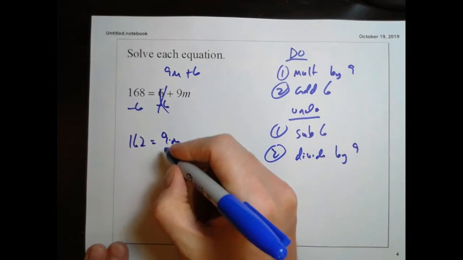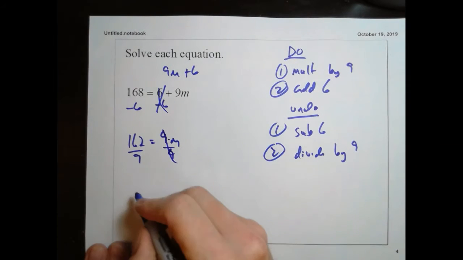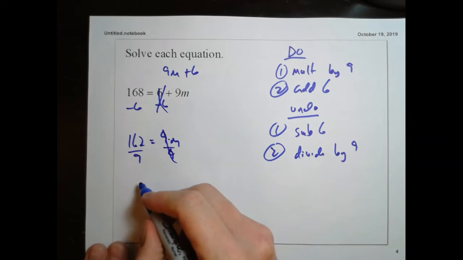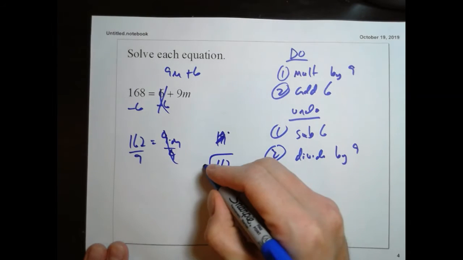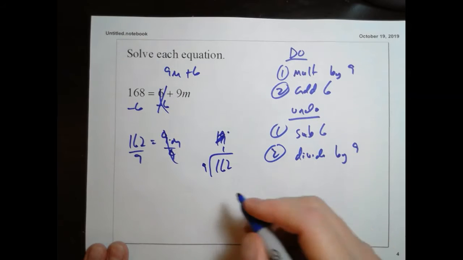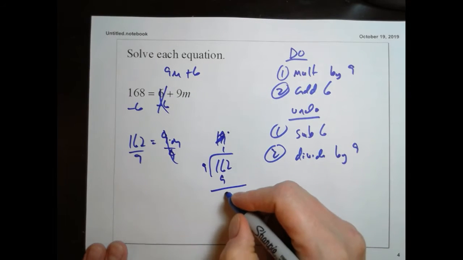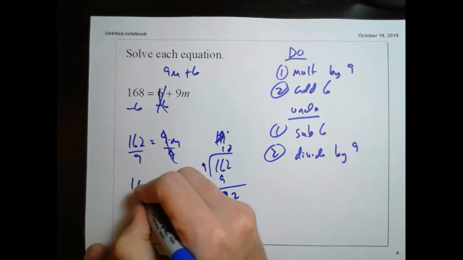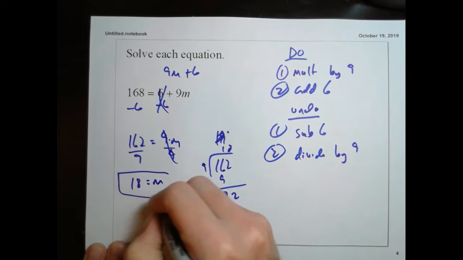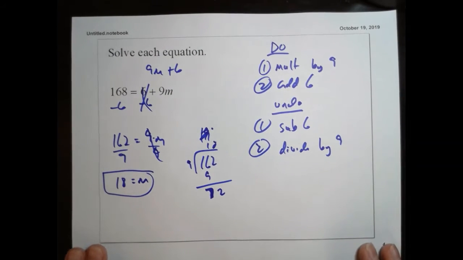So I'll undo that multiplication of 9 by dividing. 162 divided by 9: 9 goes into 16 one time, 9 times 1 is 9, 16 minus 9 is 7, bring down the 2, 72, and 9 goes in 8 times. So 18. And there we go.